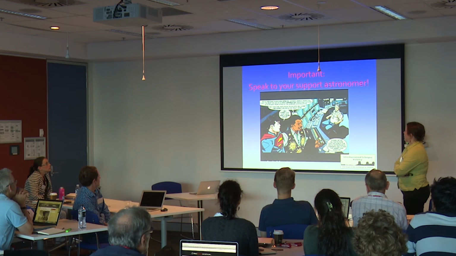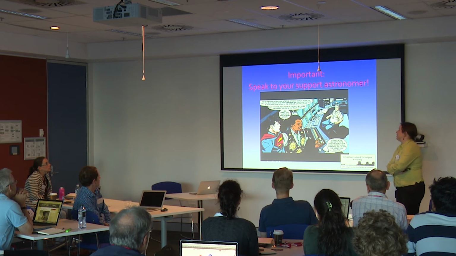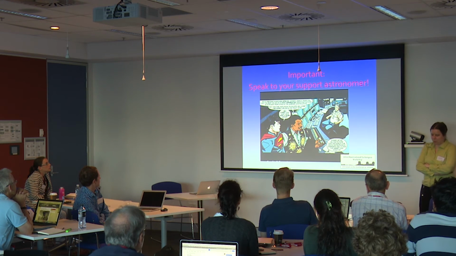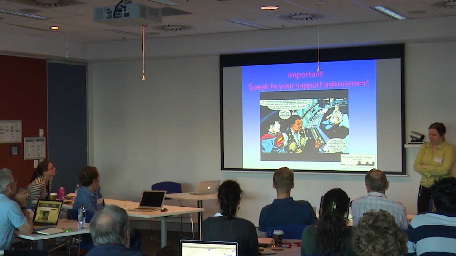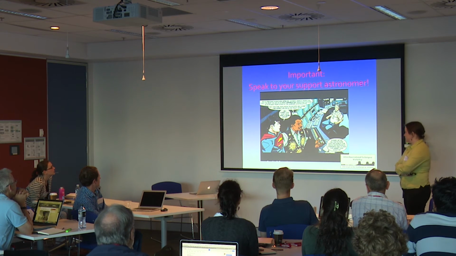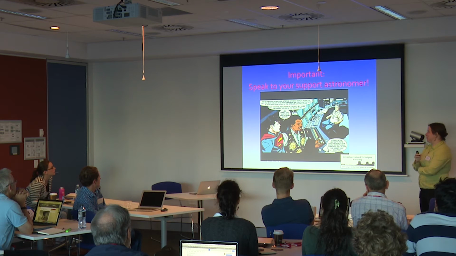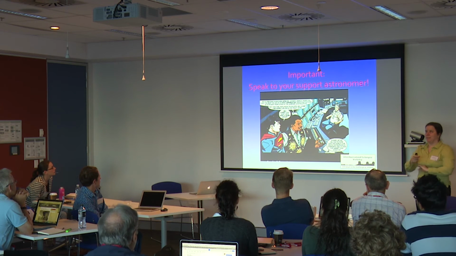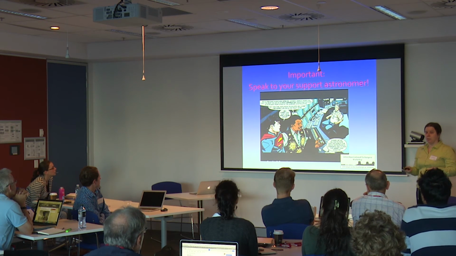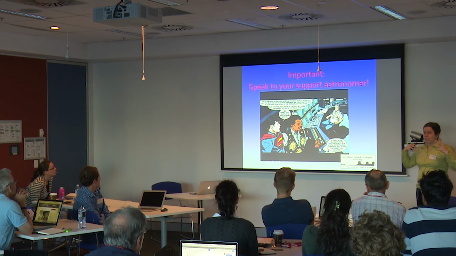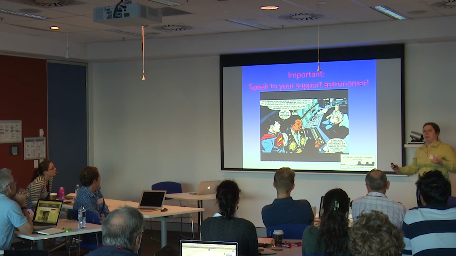But it's very, very important to talk to your support astronomers. In this particular example, I think the support astronomer really is the Superman, because in a lot of cases this is somebody who has been at the telescope for many years and who has seen all sorts of things fail and knows how it runs.